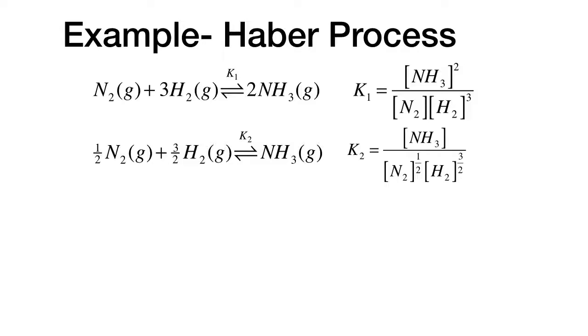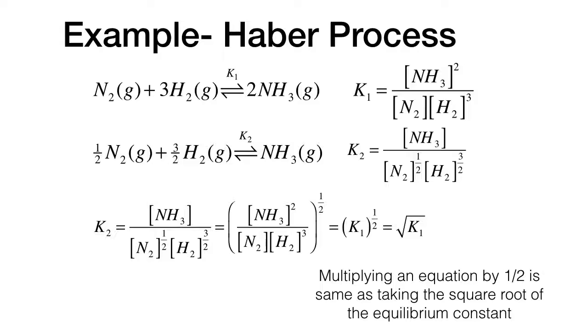The resulting equilibrium expression would be K2 is equal to the concentration of ammonia divided by the concentration of nitrogen to the 1/2 power times the concentration of hydrogen to the 3/2 power. When we multiply an equilibrium equation by 1/2, it is the same as taking the square root of the equilibrium expression. You should work through this to convince yourself it is true.